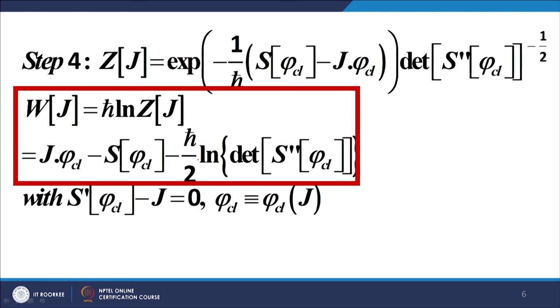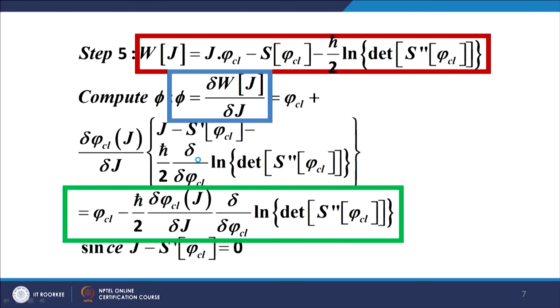This is important. Then we come to step 5, and W j is equal to the j phi classical. This we have from the previous slide. The expression in the red box we have carried forward from the previous slide. Now we compute phi. Phi is the field function. Field function is the first functional derivative of W j with respect to j.